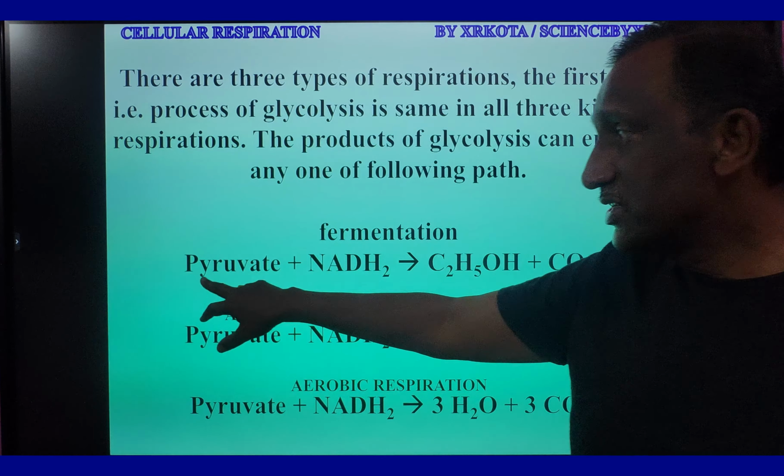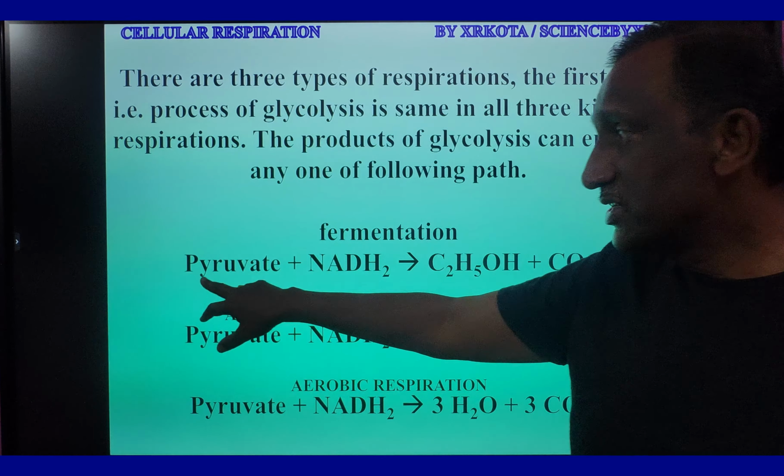In the second, 2 pyruvates plus 2 NADH2 will produce 2 molecules of lactic acid. This is taking place in muscle. In aerobic respiration, 2 pyruvates plus 2 NADH2 will produce 6 carbon dioxide and 6 molecules of water plus 36 ATPs. So these are the things. We'll study them in detail, so it is only a summary.